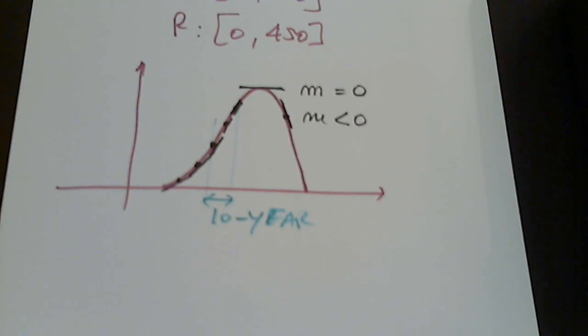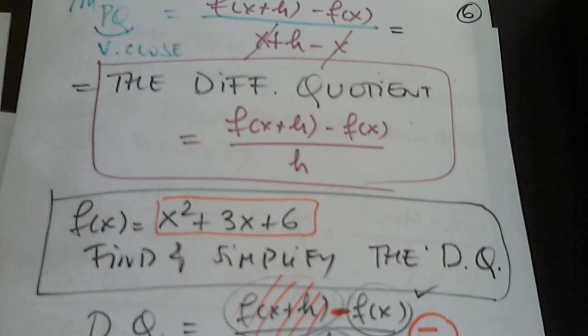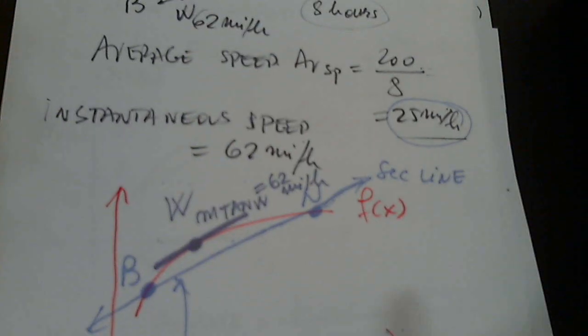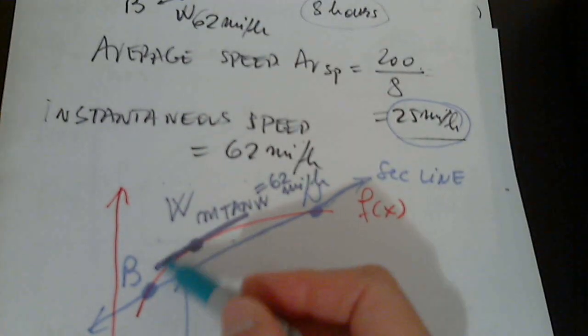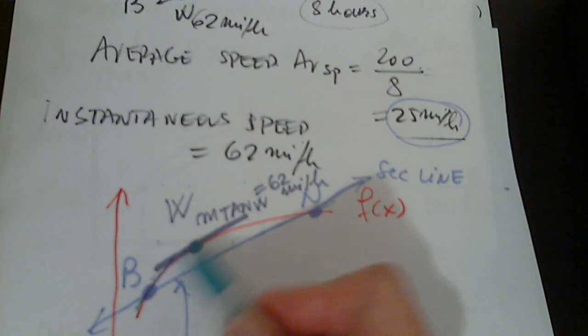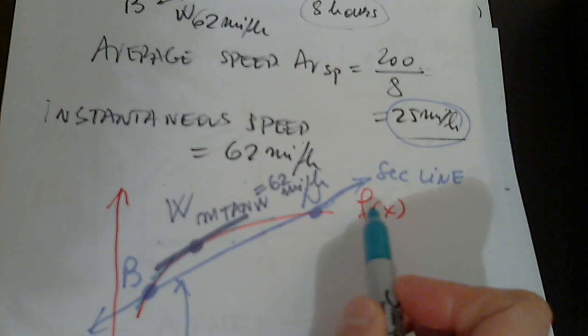Anyone understands this? This is very similar to what we talked about last time. The rate of change, and basically the difference quotient. See here, the rate of change is this. The rate of change is this, the slope of this line, the slope of this line, the slope of this line, and it levels off.